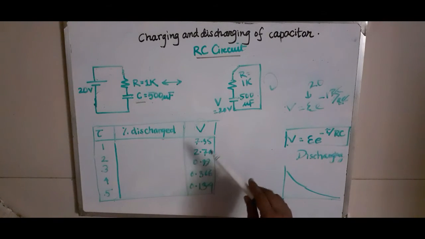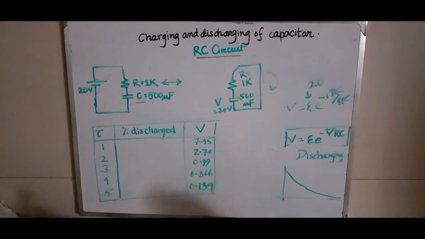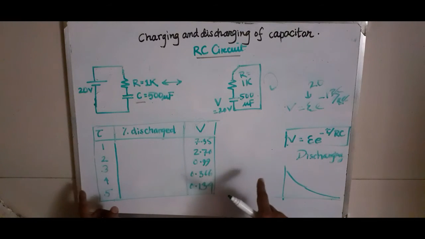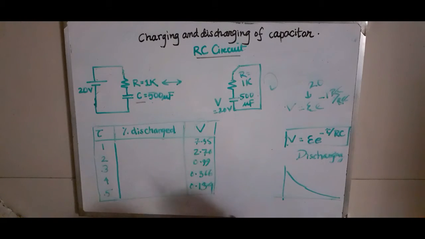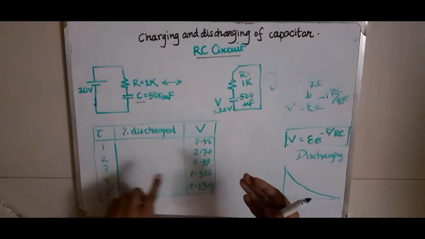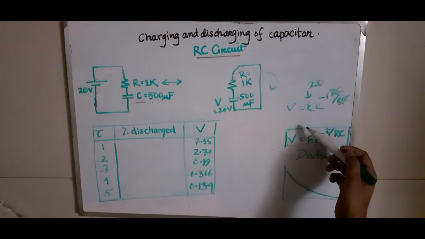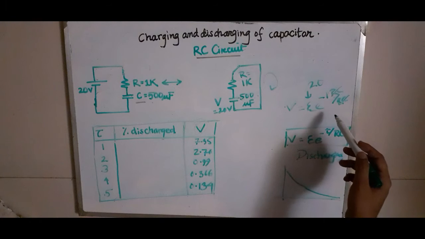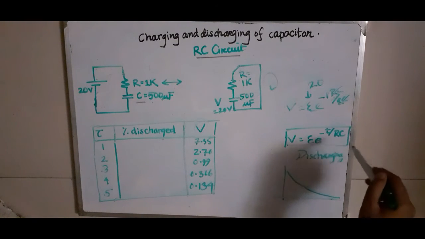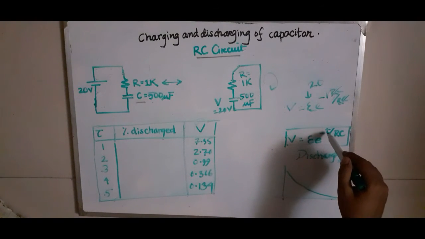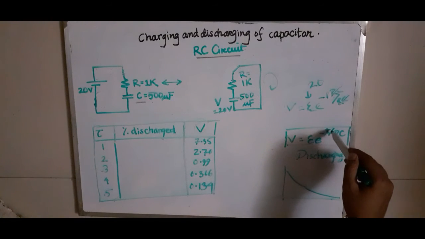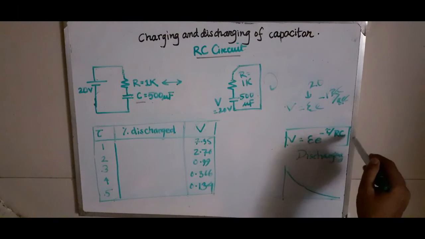If you are still having doubt, let me clarify this once again. The question is, what is the voltage across the capacitor after 2 tau? It can easily be found by using the expression V equal to E times e to the power minus t over RC. Instead of t, we write 2 tau, and tau is nothing but RC. So we have e to the power minus 2 RC over RC, and RC gets cancelled out.